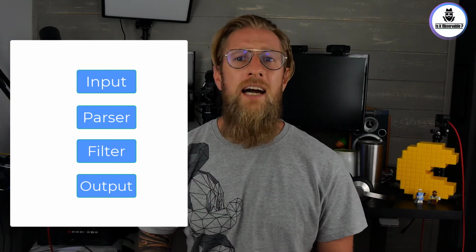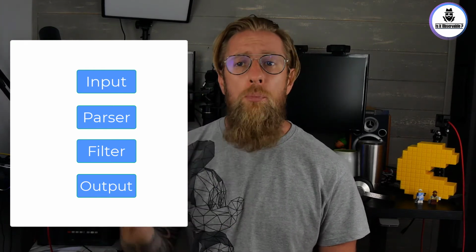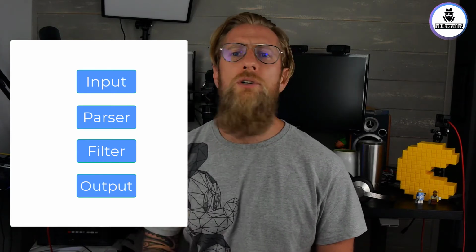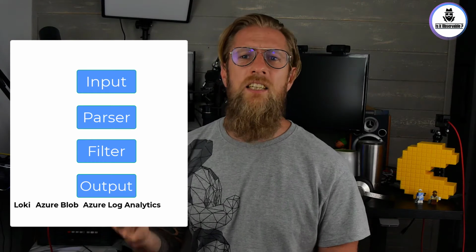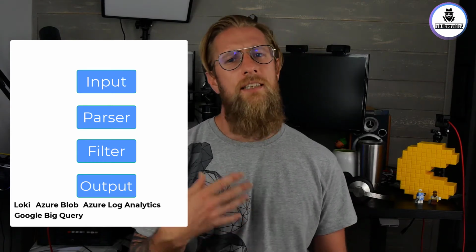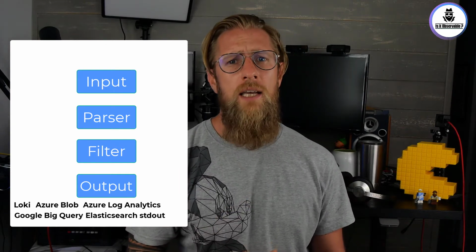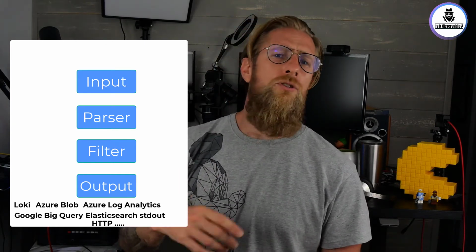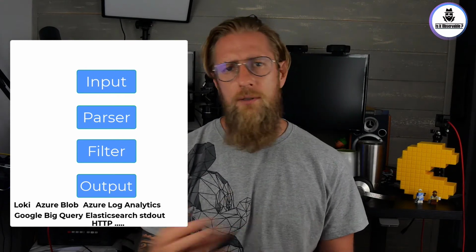So similar to the other types of steps in your pipeline, output has tons of output plugins available. So you have Loki, you have Azure Blob, you have Azure Log Analytics, you have Google Cloud BigQuery, Elasticsearch, stdout. You will see we use stdout, by the way. InfluxDB, you can store it in a database as well, Stackdriver, HTTP, and so on and so on.